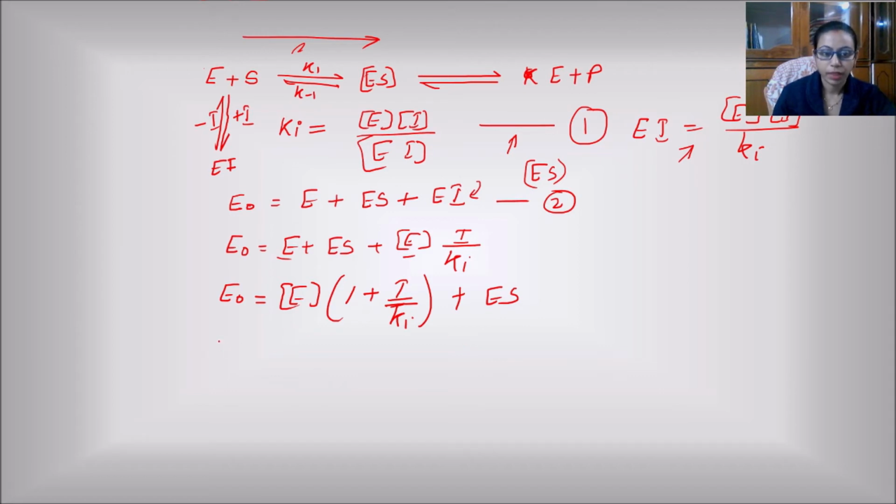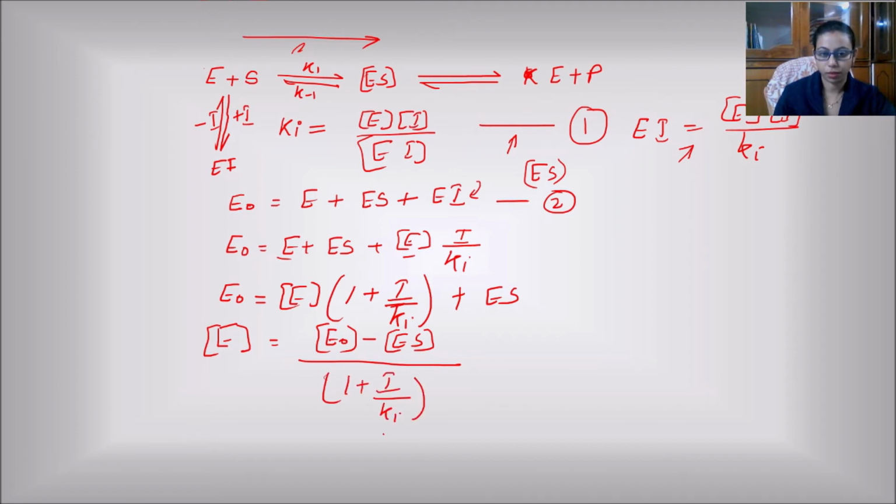Now we can further simplify this equation as E equals E naught minus ES by 1 plus I by Ki, where I is the inhibitor and Ki is the dissociation constant for the inhibitor.